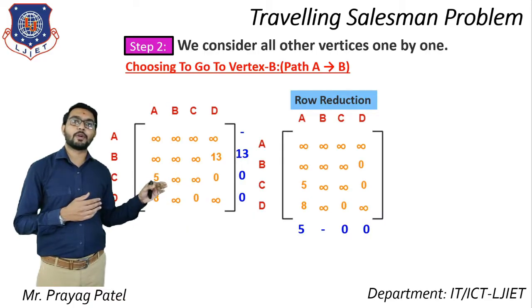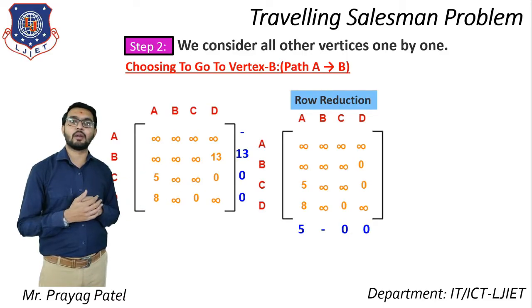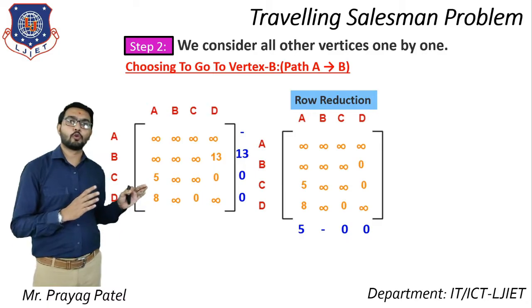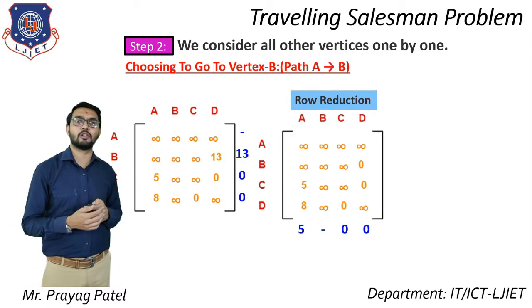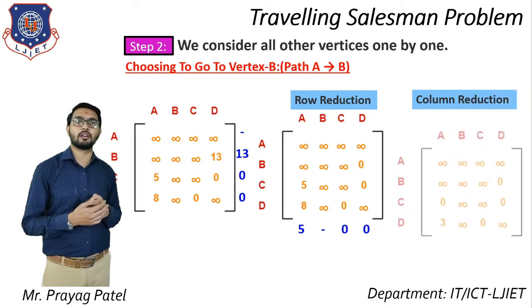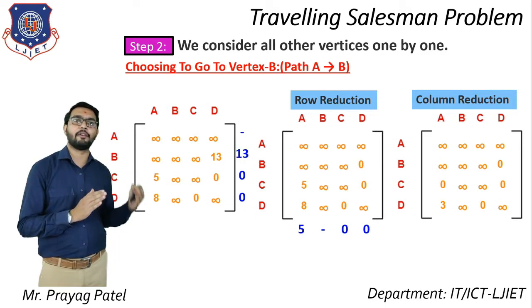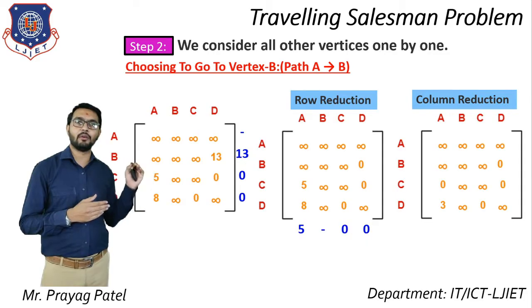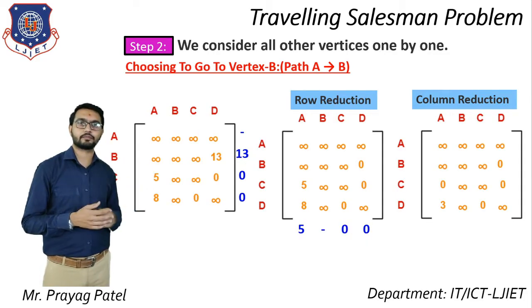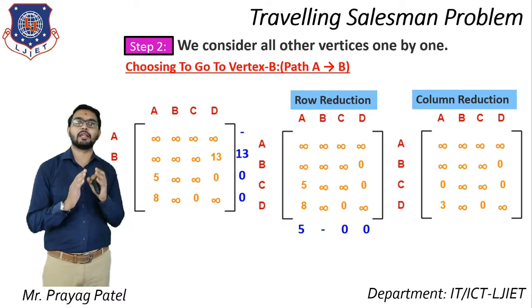In column reduction, the first column value is 5, the second is infinity, and the remaining C and D columns are 0. So column reduction cost equals 5. Subtract 5 from the first column, so the first column becomes infinity, infinity, 0 and 3. Now this matrix is the reduced matrix for the path A to B.